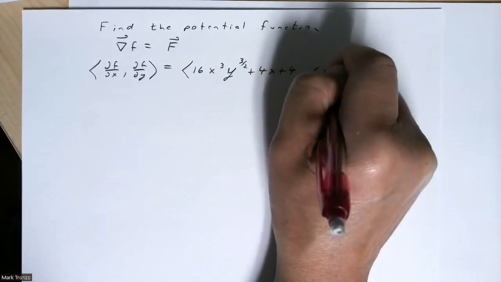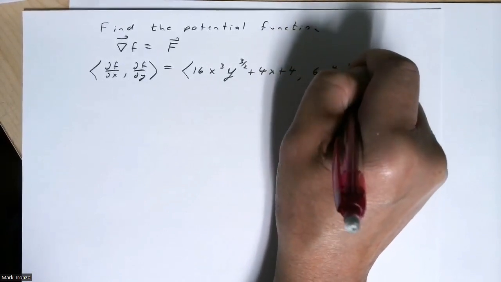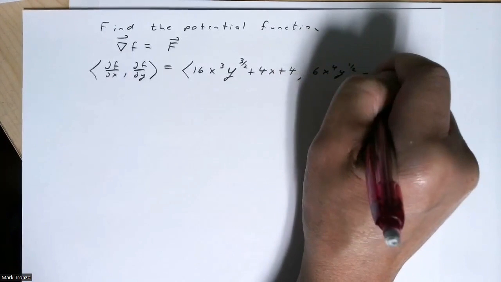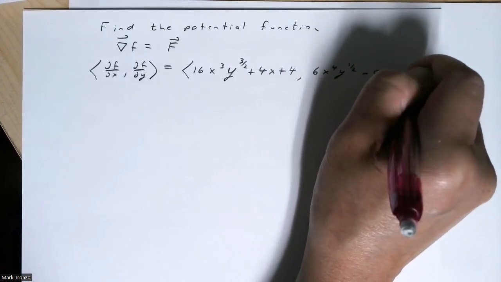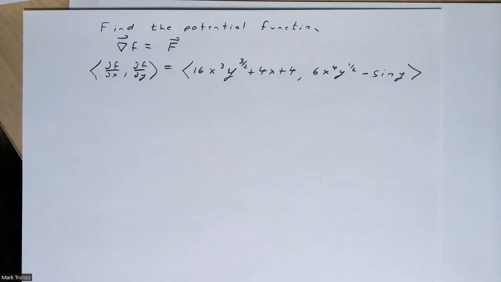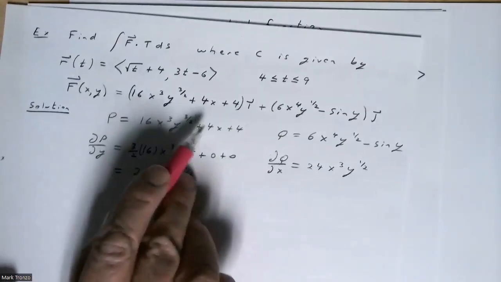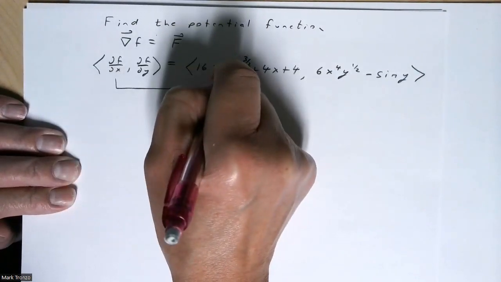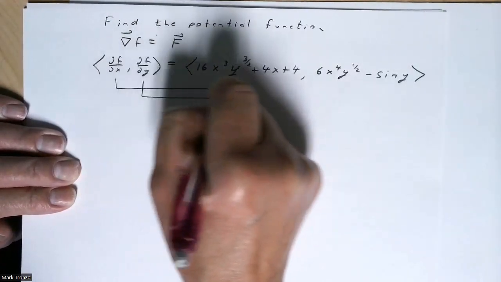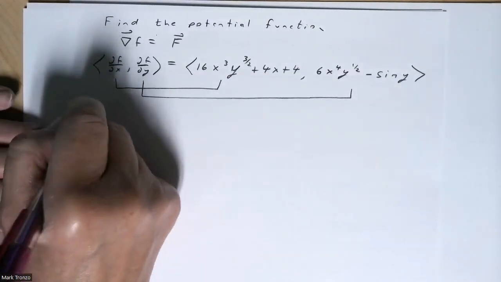And I'm just rewriting it with the angle brackets rather than the i, j notation. So we have this again. All that is our vector field. And we want df/dx equal to this, df/dy equal to this.